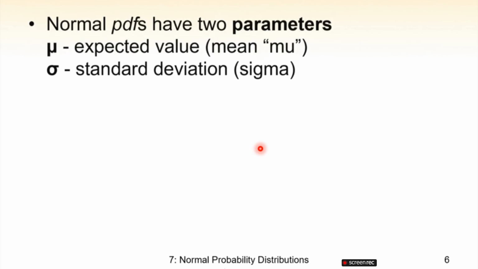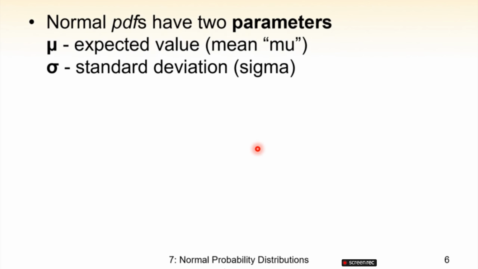Now, there are two important parameters when we deal with a probability curve, and that is our mean and our standard deviation. The normal probability curve has two parameters, the mean and the standard deviation. We call it the expected mean.